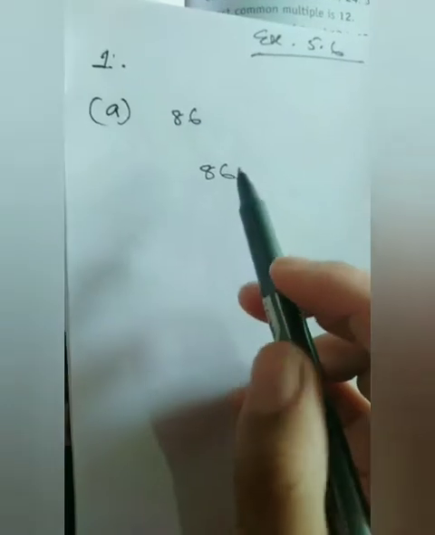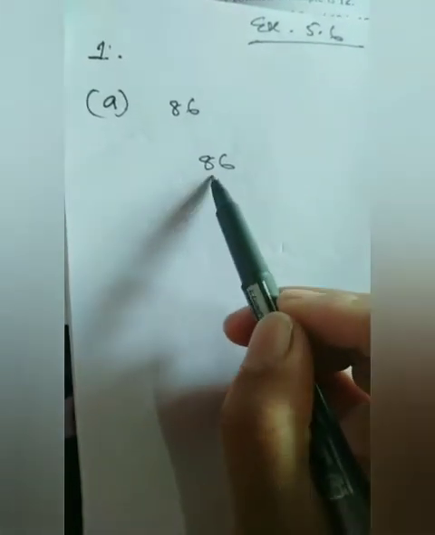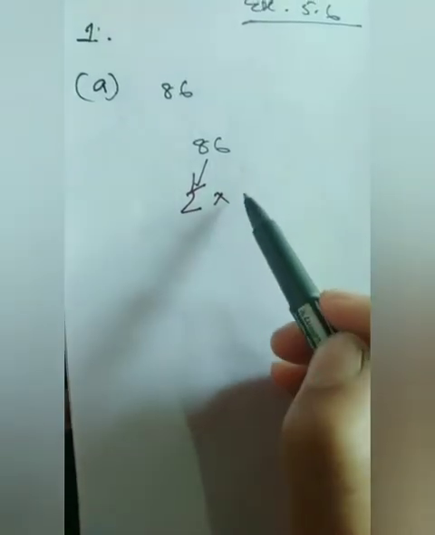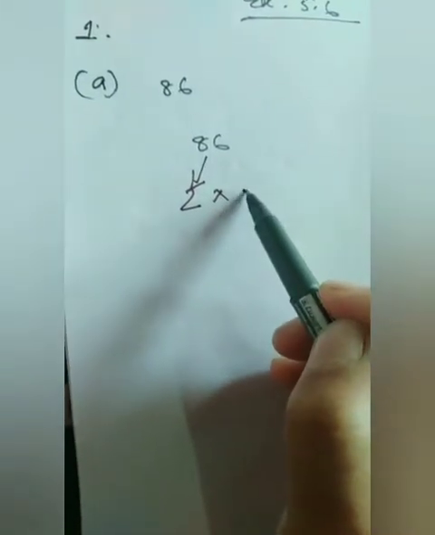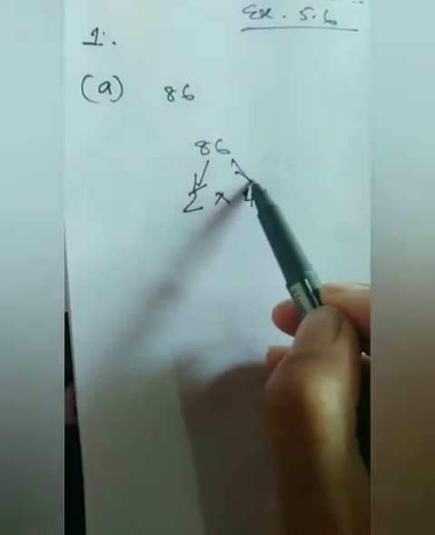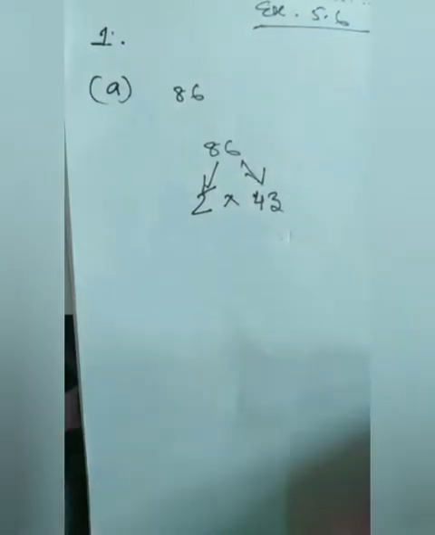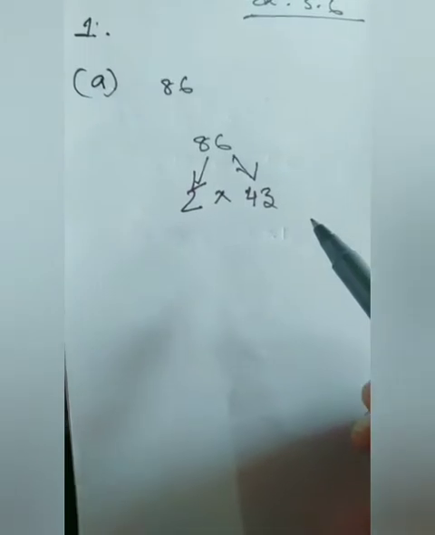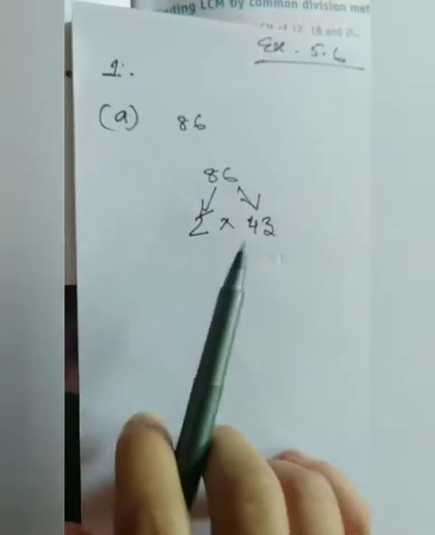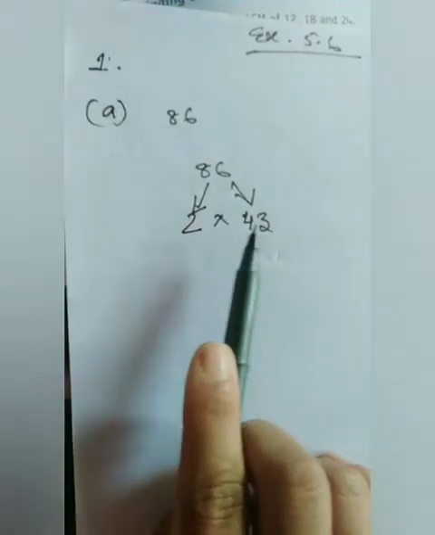So 2 times what is 86? 2 4s are 8, 2 3s are 6, so 2 into 43. Now we got here 2 into 43.